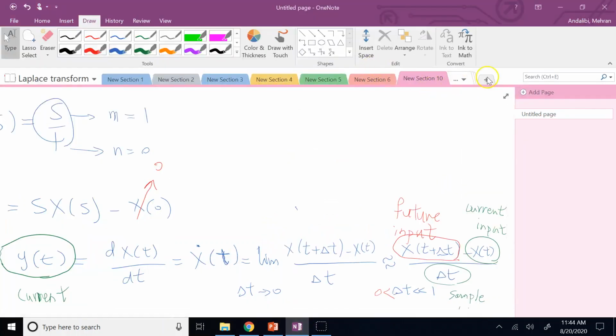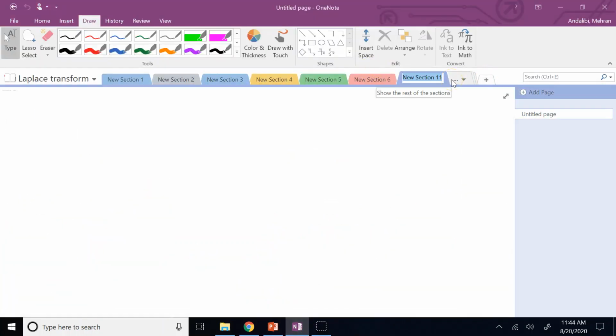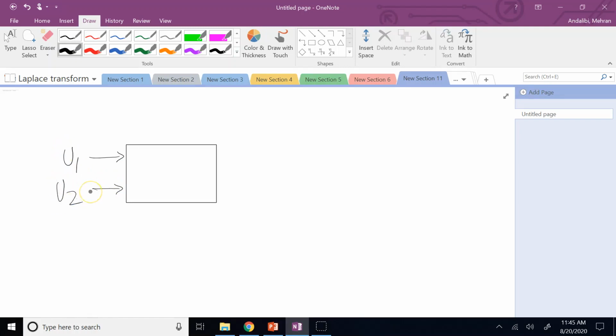A simple example will be like you have a system here, and this system has 2 inputs and 2 outputs. Let's just make it simple. So U1 and U2, right? 2 inputs and then 2 outputs, Y1 and Y2.